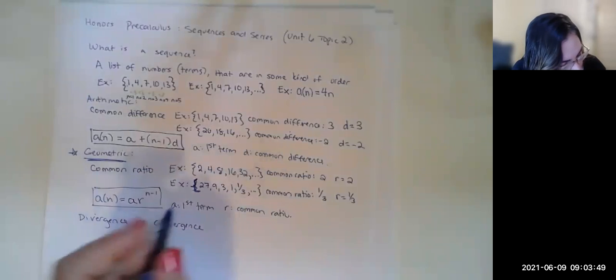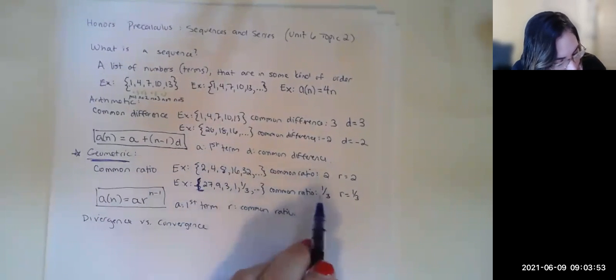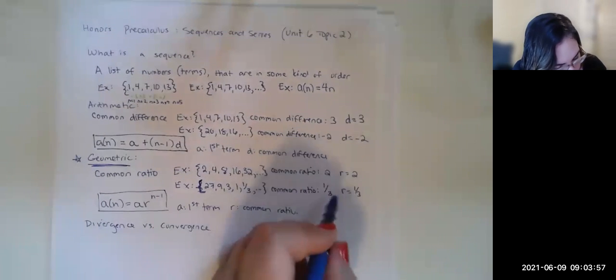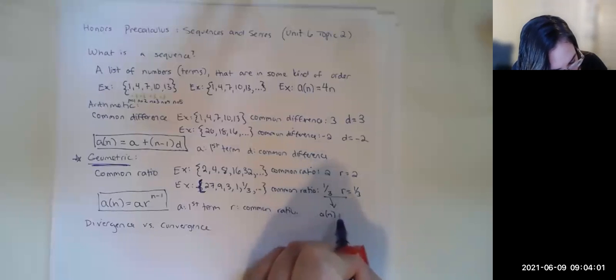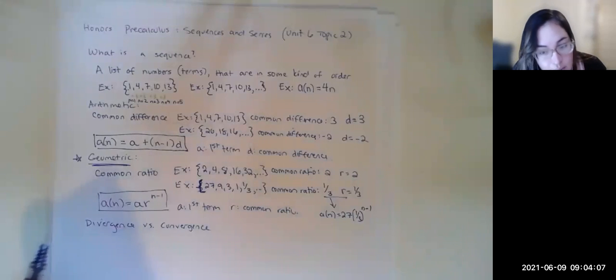Right, so for this example, this is 27 times 1/3 to the n minus 1. Okay, so we'll just pull that out just to show you. So A of n here would be 27 times 1/3 to the n minus 1. All right.